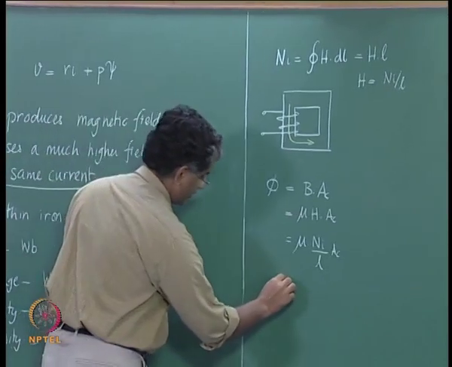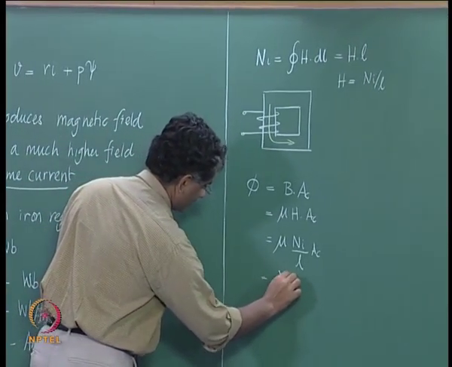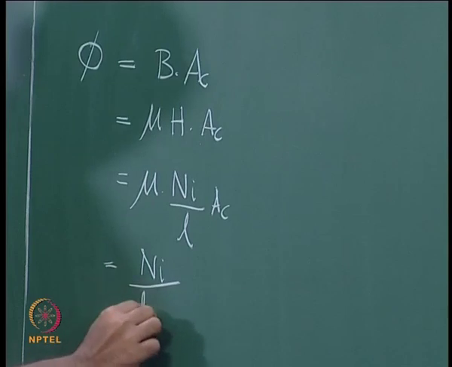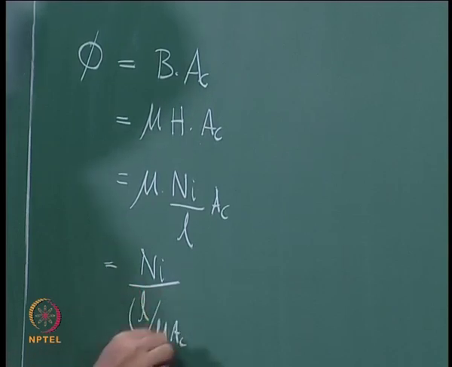This can be written as N into I divided by L by mu into area of the core.